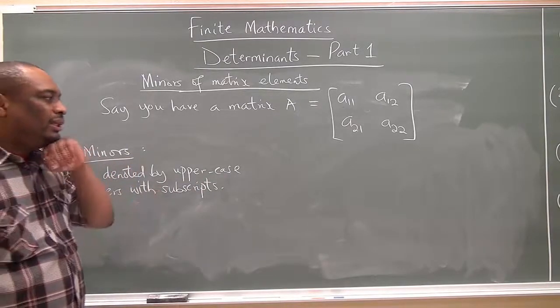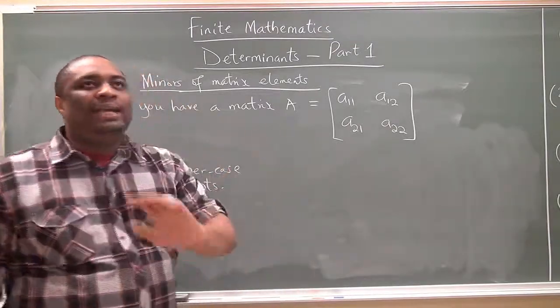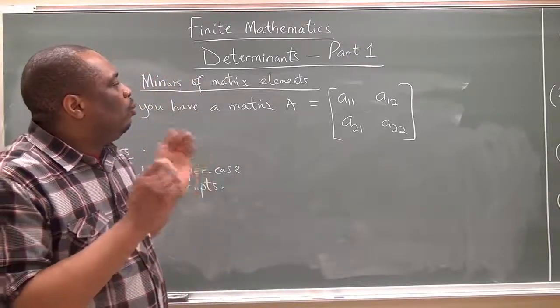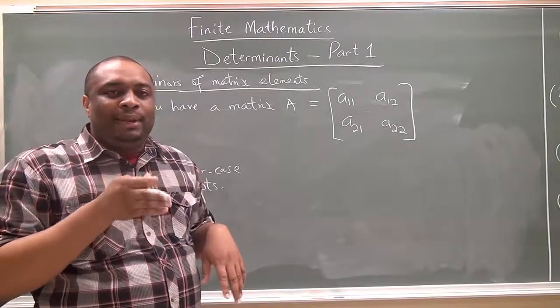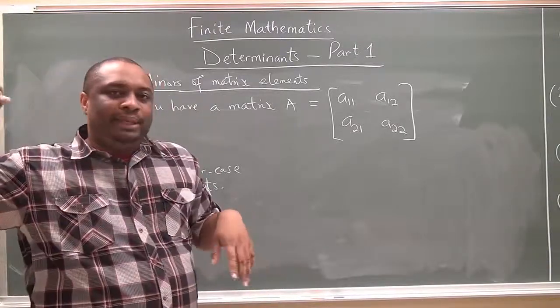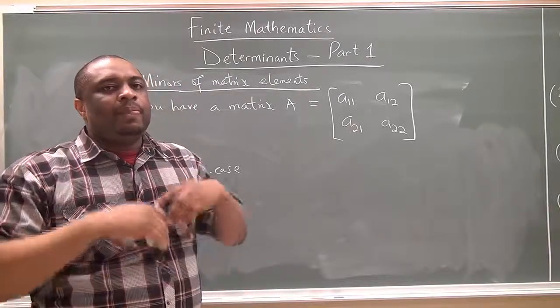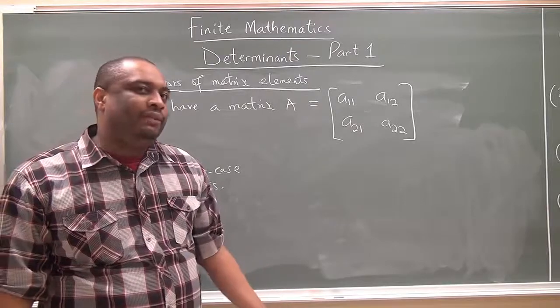Now, the next thing we should know is this. If we want to find the minor of an element, we delete the row that the element is in and the column that the element is in. Whatever is remaining is the minor of that element.